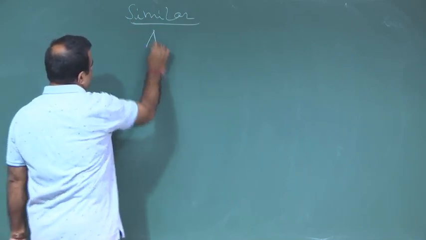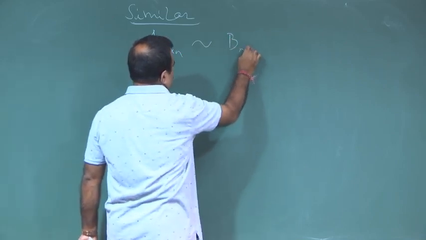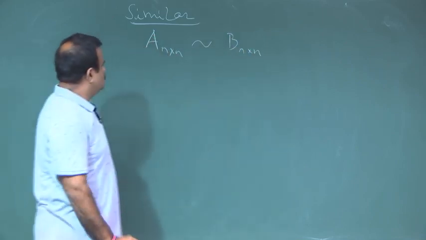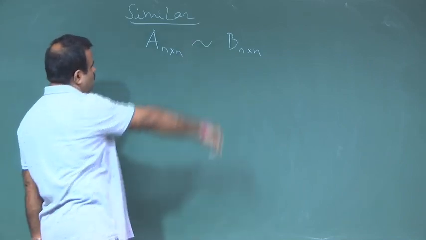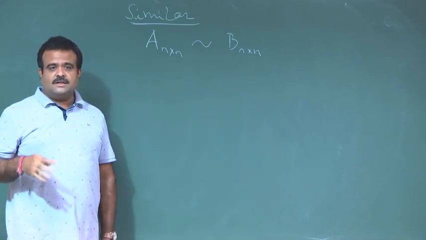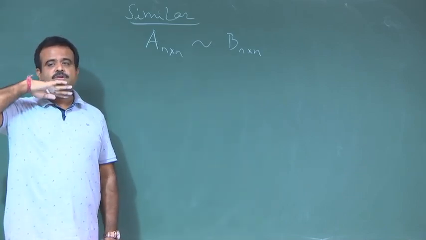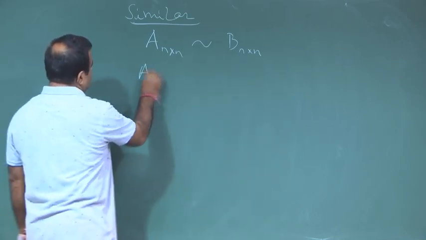We say the matrix A, which is n cross n, is similar to a matrix B, which is also n cross n. We have two square matrices, and we use this symbol for similar. It is not necessarily row reduced or column reduced echelon form, but similarity has its own definition.